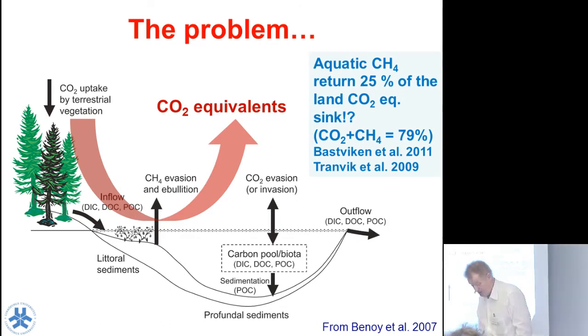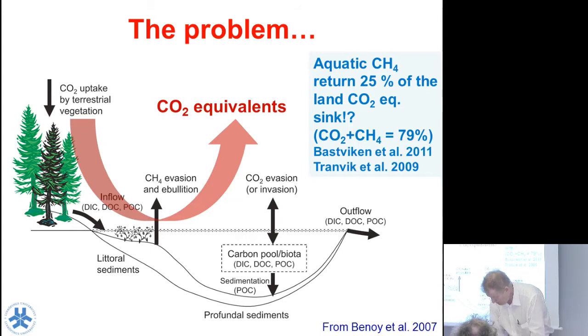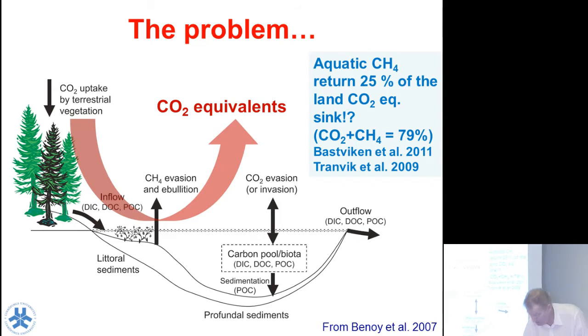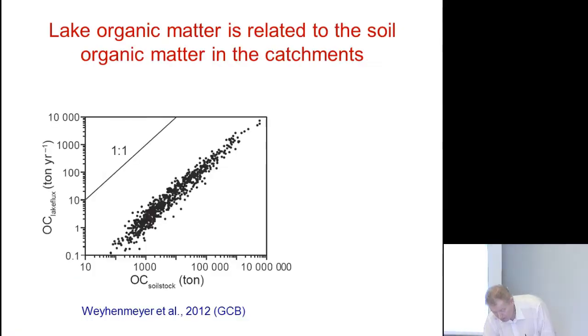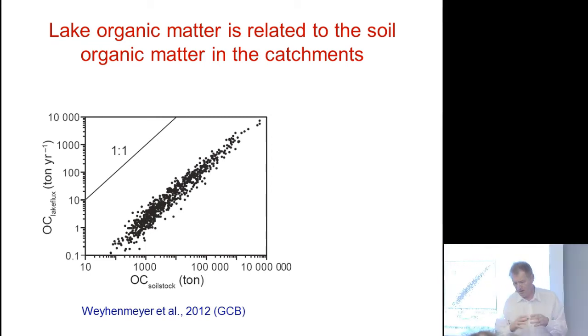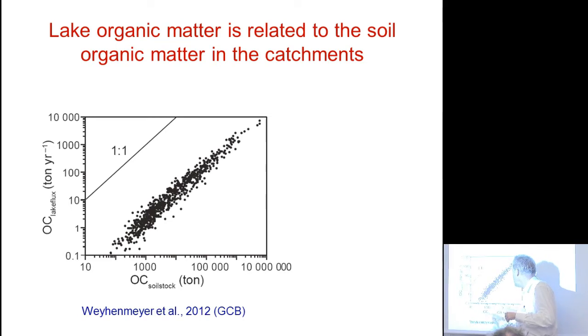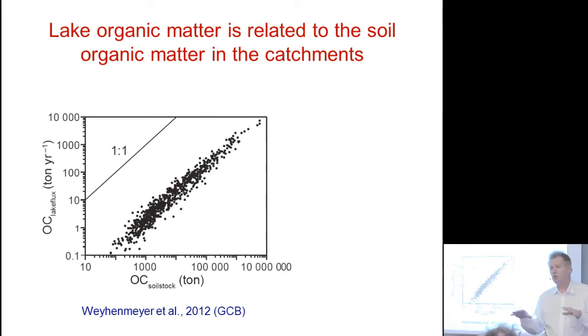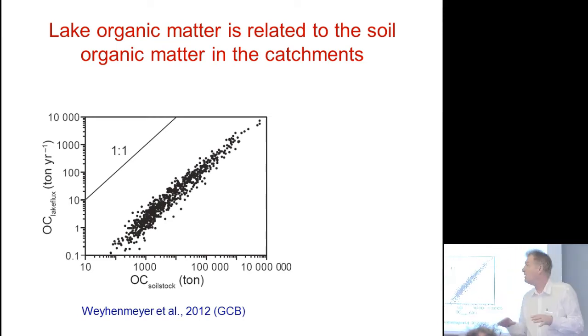So this is a little bit about the background. Now, GESA made a comparison between the amount of organic carbon in the lake system versus the amount of organic carbon in the soil in the catchment area at a large number of lakes in Sweden.